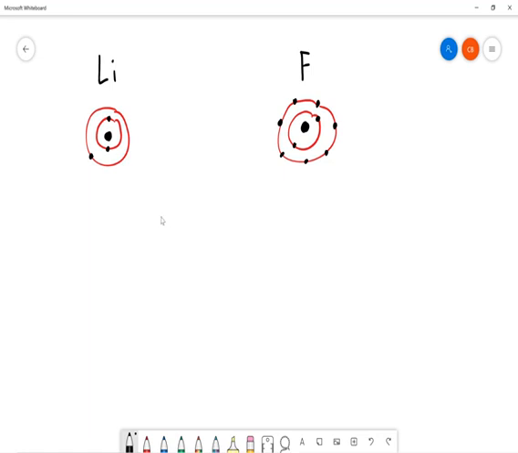And what happens is eventually, these atoms might get a little bit closer to one another.